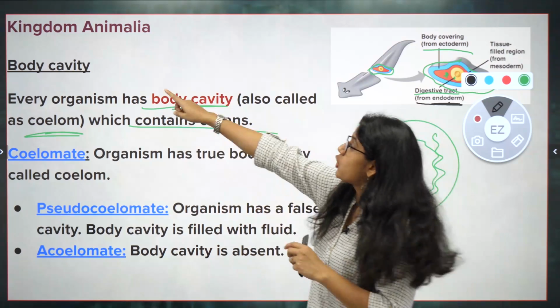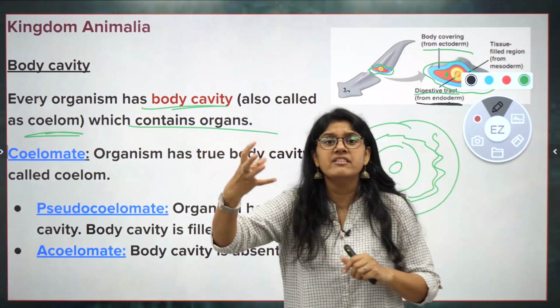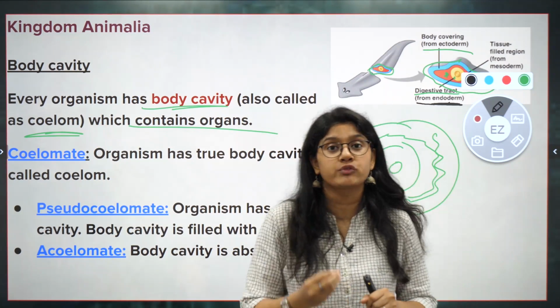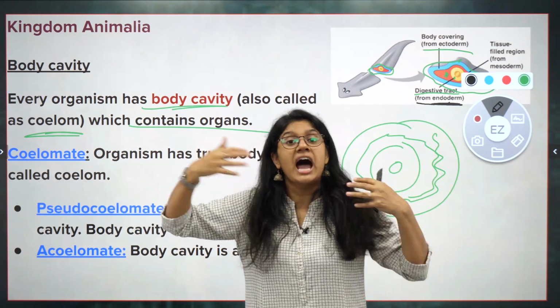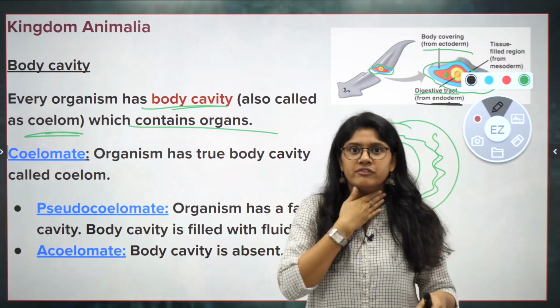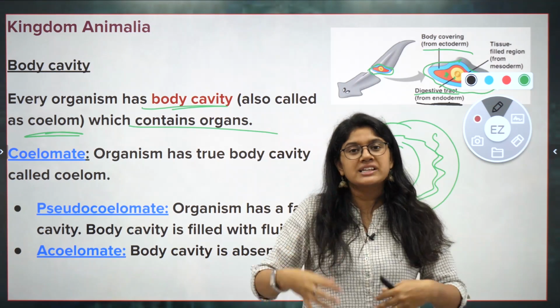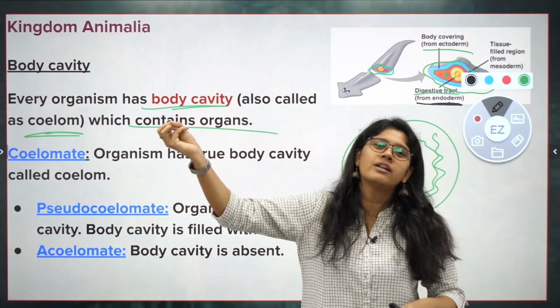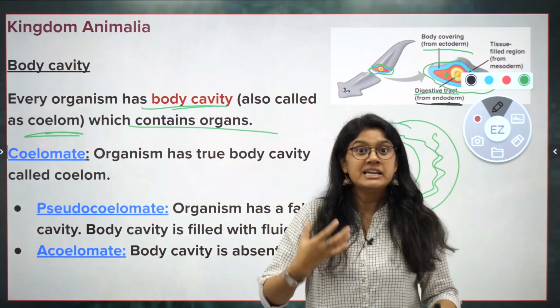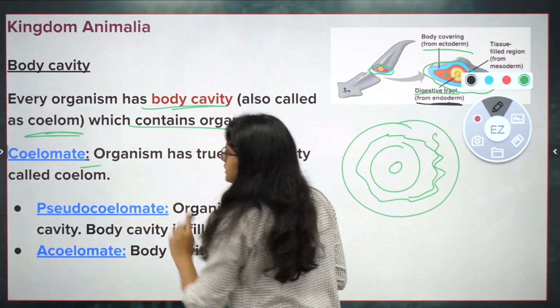That's why it's called body cavity, and it's a very important characteristic feature of animals. We are coelomates, meaning we have a body cavity. We have a hollow space. If you took all the organs out, it's a hollow space. Yes, so we are the coelomates.